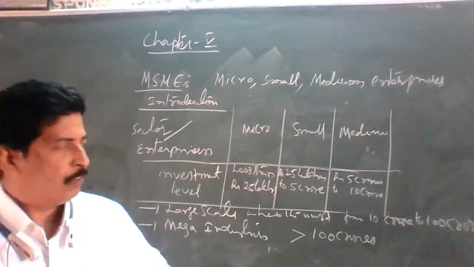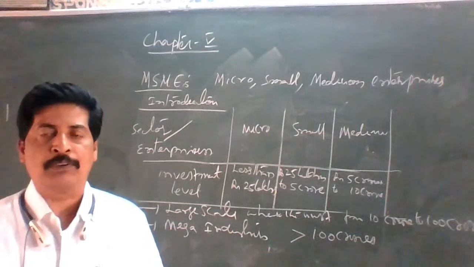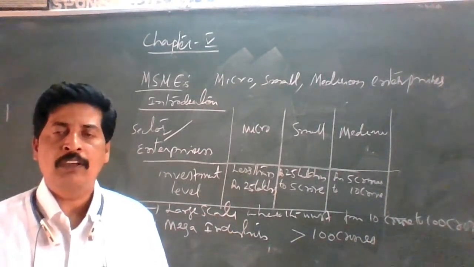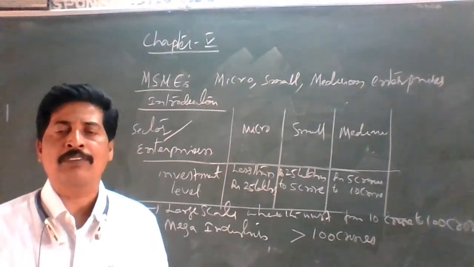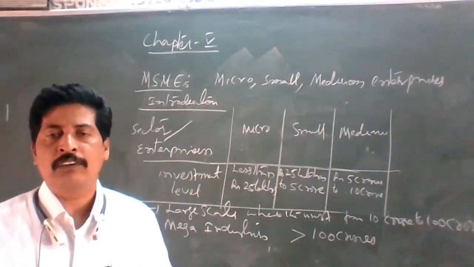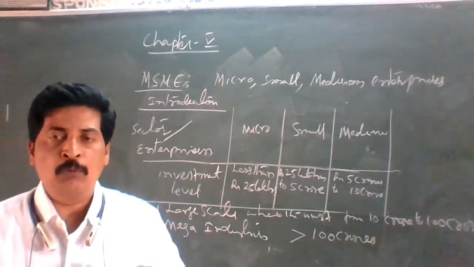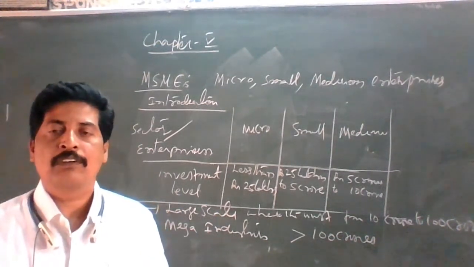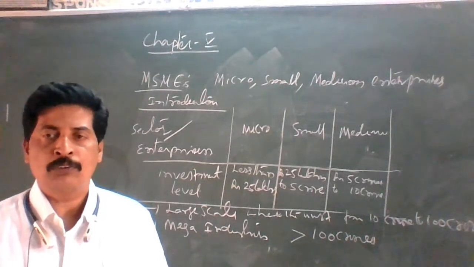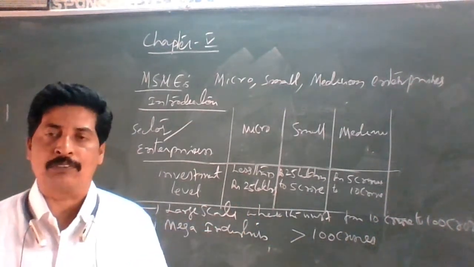I have given this information for our understanding purposes. If you go to higher classes and they ask what the investment level for MSME is, you will be able to give the answer. We need not write all these things; if we have time, we can write.